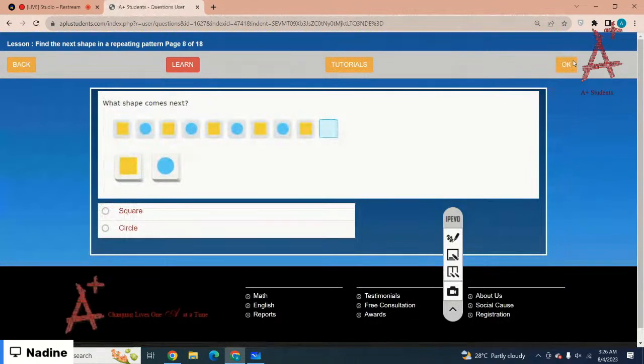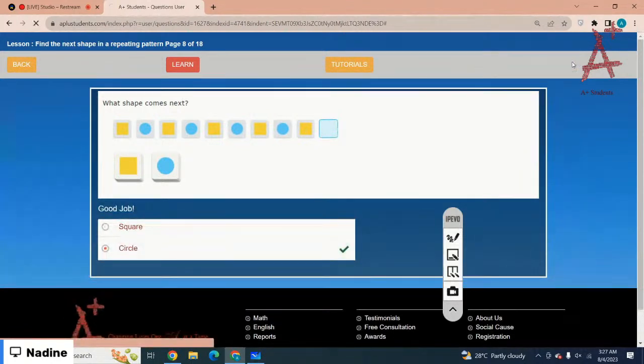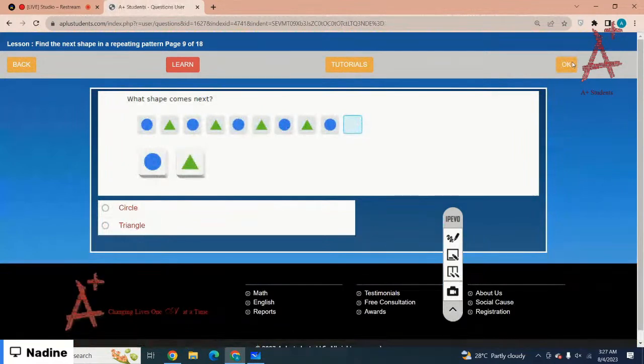Which is the correct option? The correct option is circle. Okay, what shape comes next? The next one is a triangle. So the correct option is a triangle.